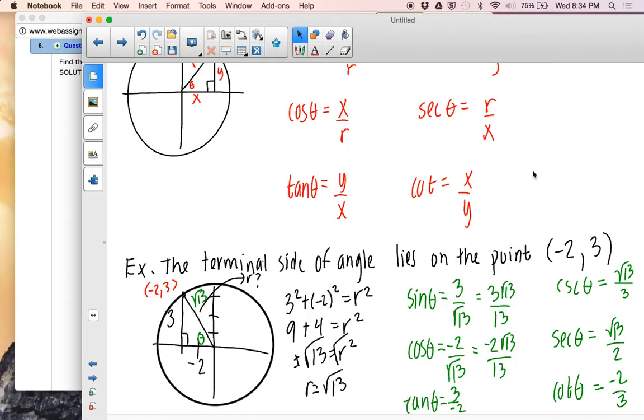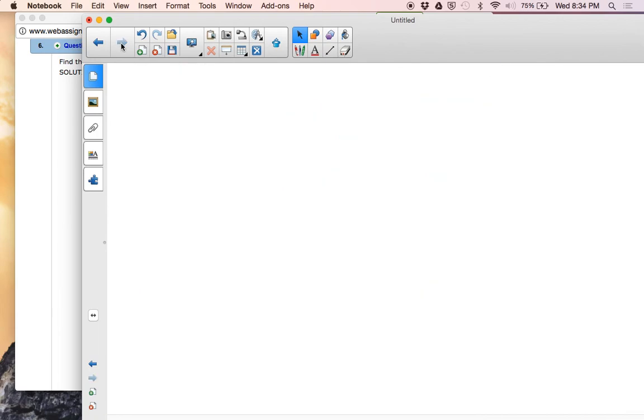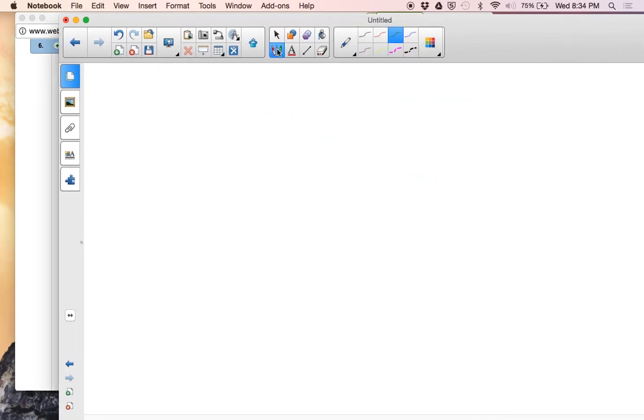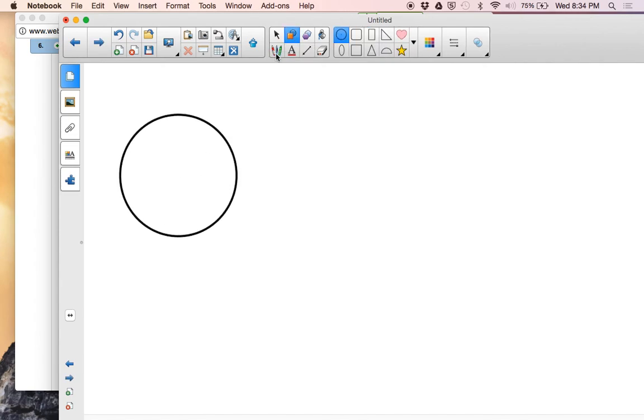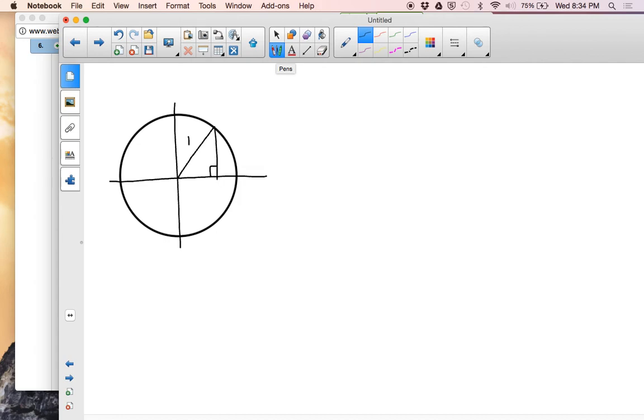Okay, now come back to the notes and let's talk about how this applies to the unit circle. On the unit circle, we've got all of these points in here. I'm going to come back to the first example that we always draw in the first quadrant. Our radius here is 1.